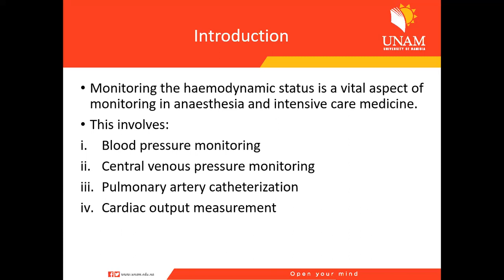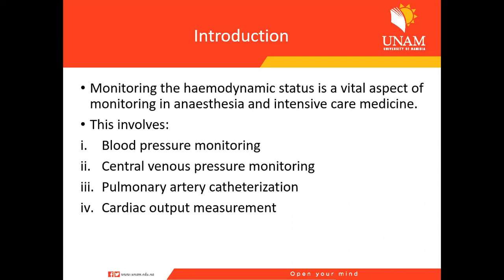Our monitoring, as we know, is very important in our practice as anesthetists and critical care physicians. And there are different parameters that we monitor, and we're looking at hemodynamic monitoring in today's lecture tutorial.